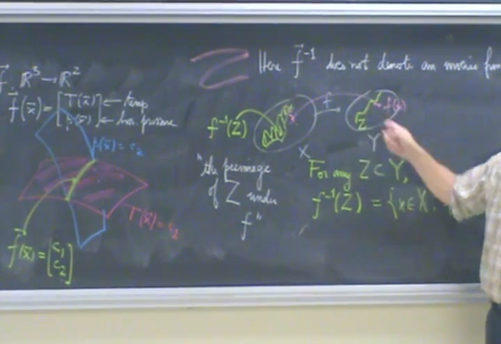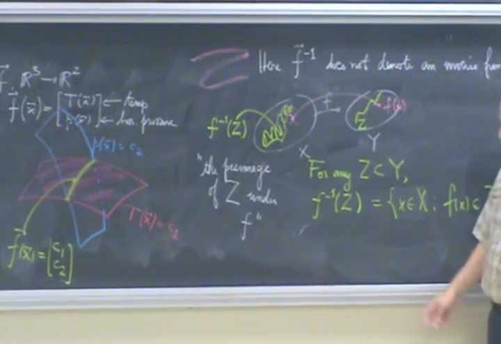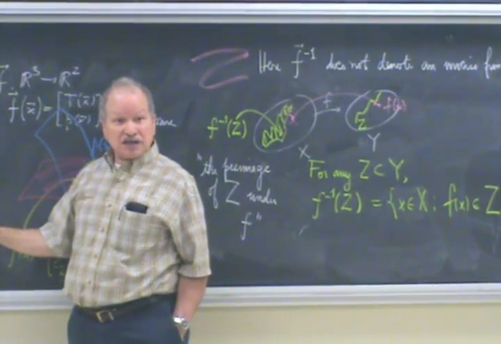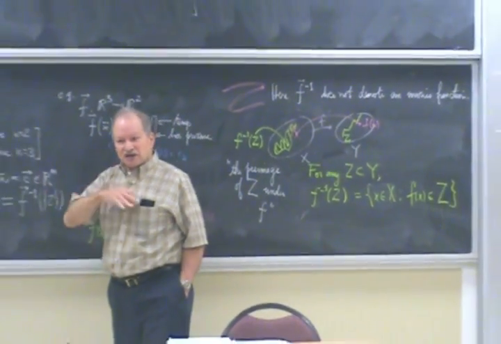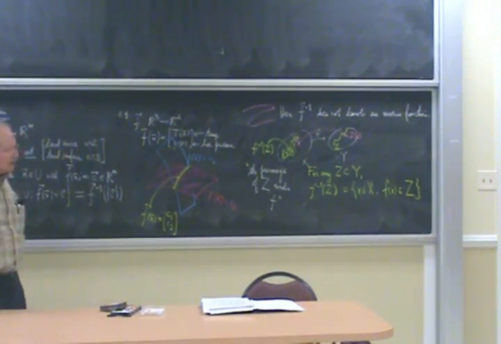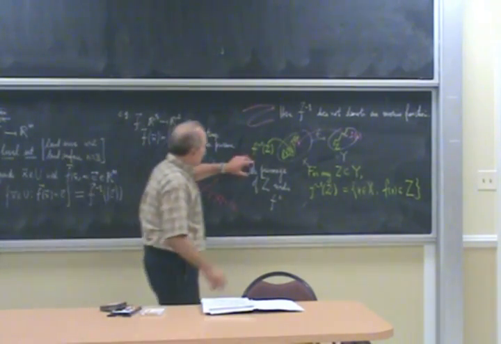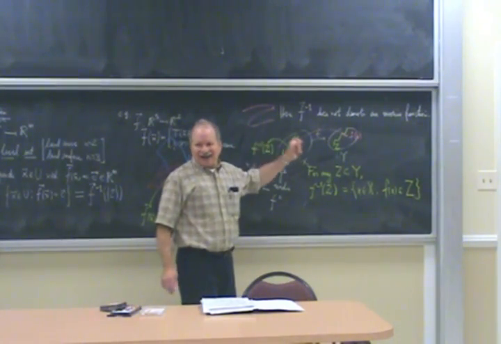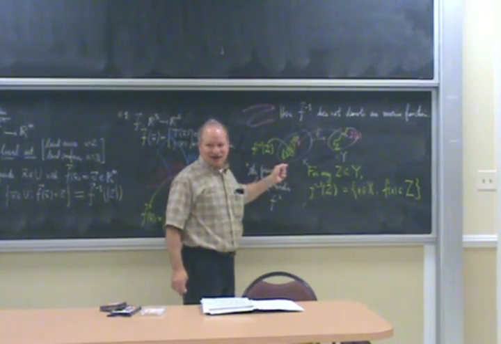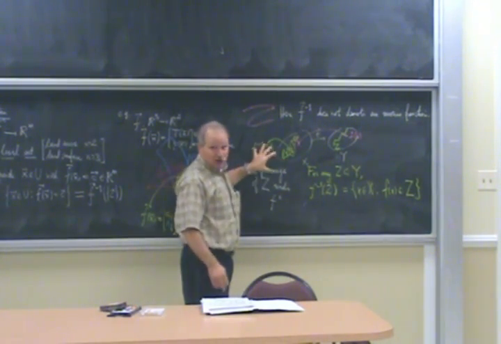And so you can take a pre-image of an entire set of values? Yes. So in this case, I'm taking the pre-image of the unique point C, but I could take the pre-image of an entire set and ask, what can you say about it? So it's just a fancy way, and if f were eligible to have an inverse function, this would be doing the inverse function. But it's more general.